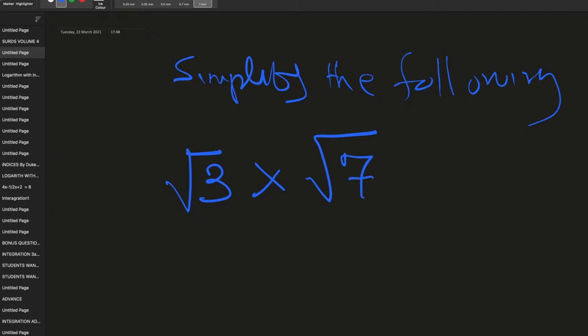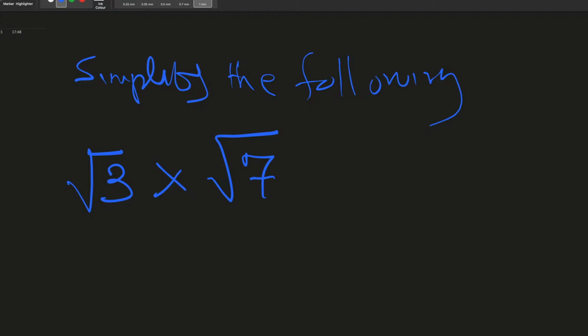Anytime we see something like that, we shouldn't be scared at all, because this is multiplication of surds, which means we have to apply the rules. So what are the rules?